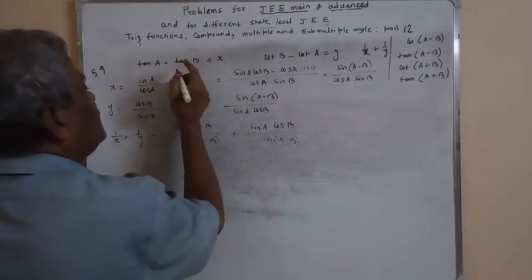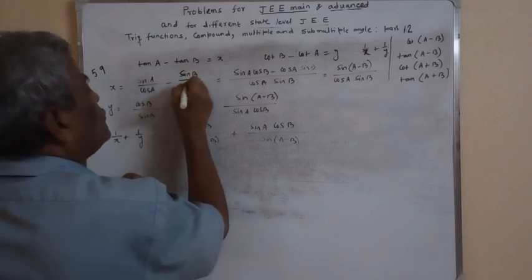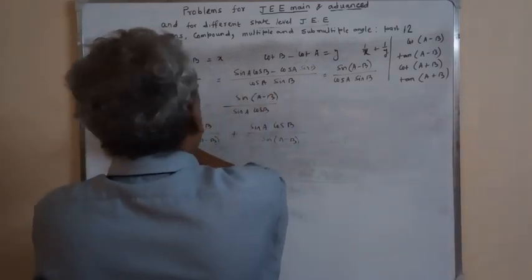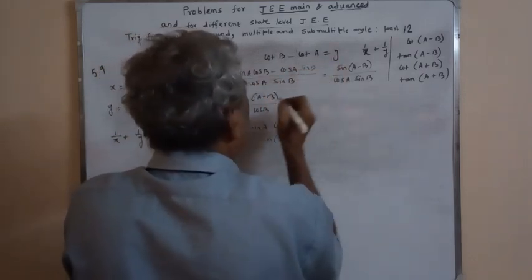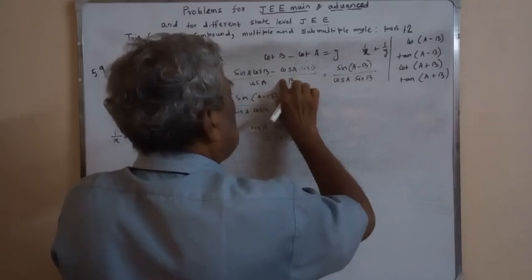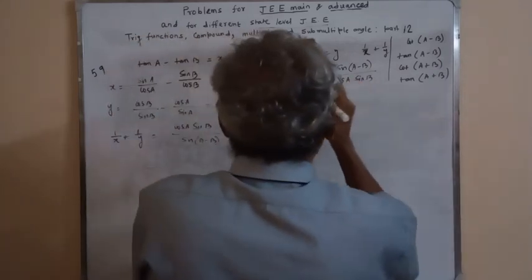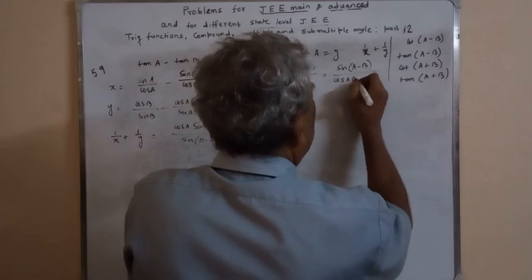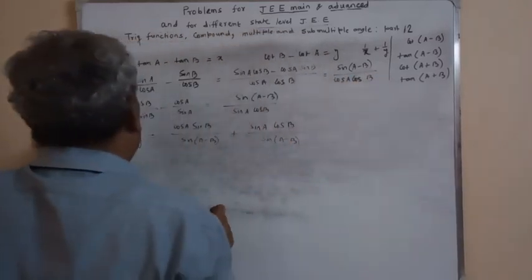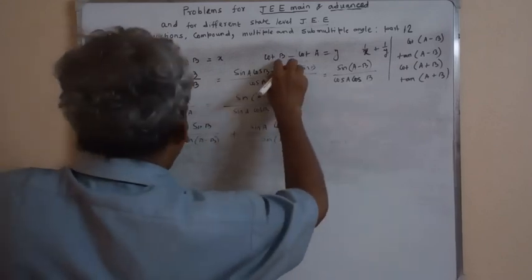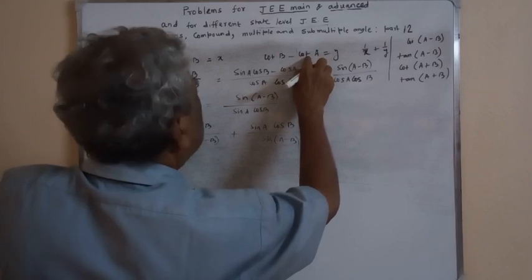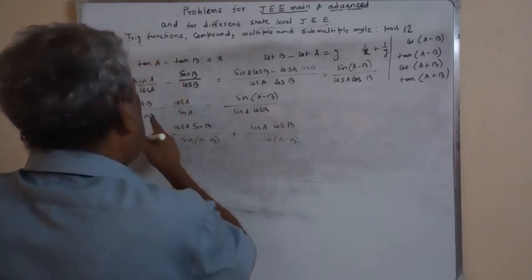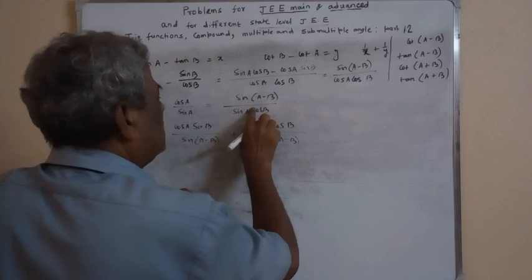It is sin B by cos B. This is sin A cos B minus cos A sin B, it is all right, by cos A cos B. It is equal to sin of A minus B by cos A cos B. y is equal to cot B, cos by sin, this is also cos A by sin A. This, it is sin B, sin A.